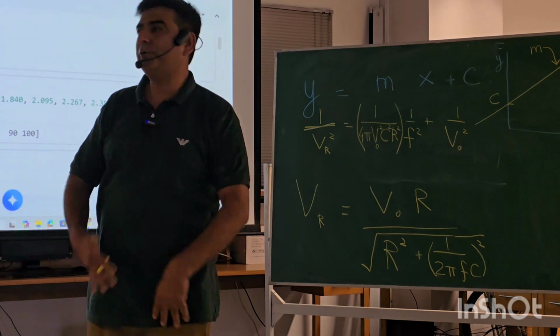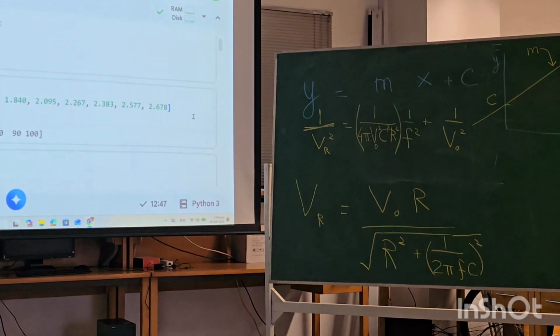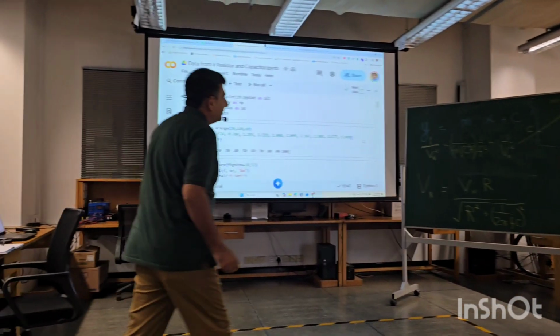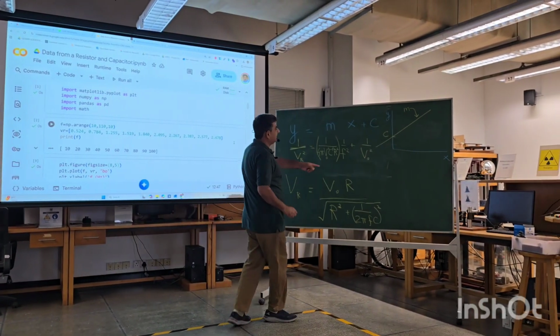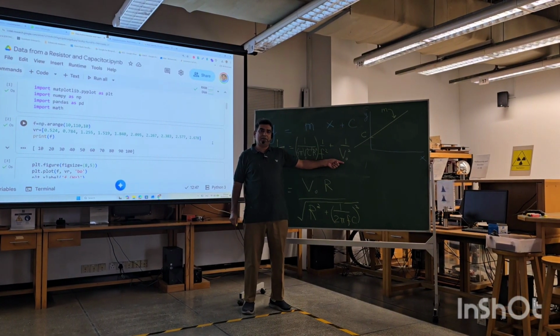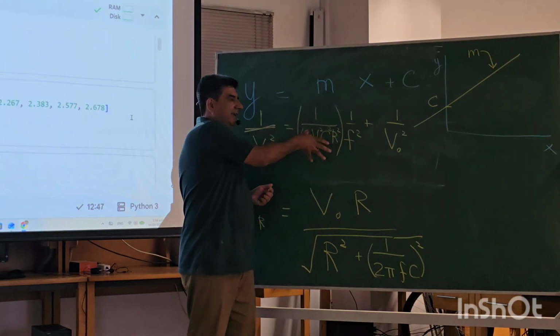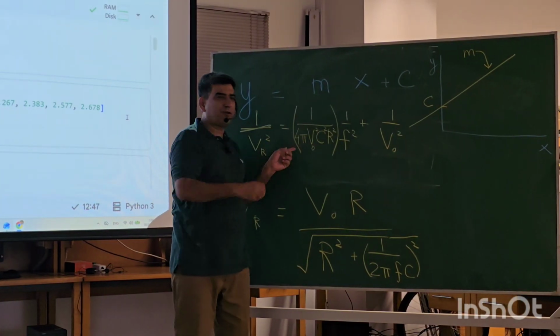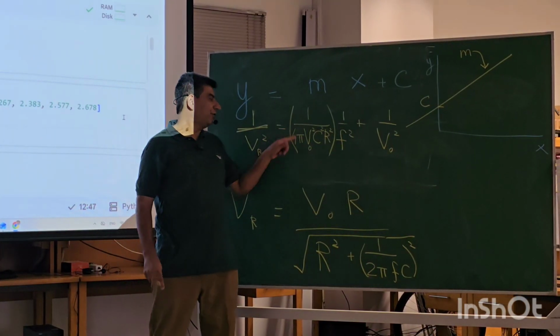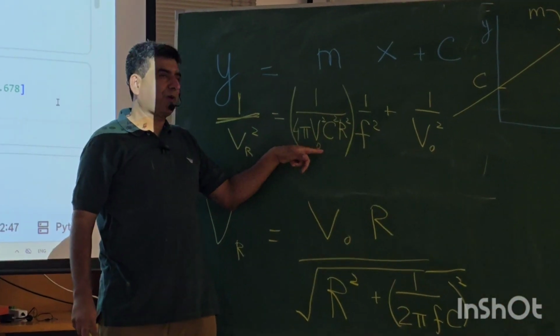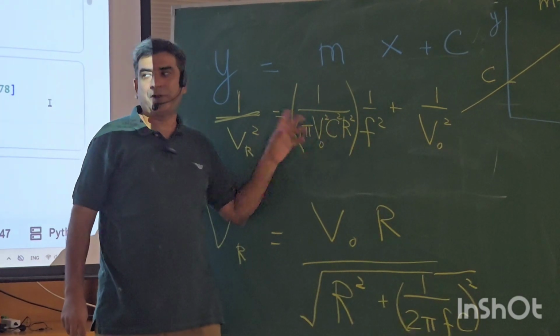You have f squared, you have 1 over f squared. The intercept is 1 over V naught squared. And the slope of this line is this collection of parameters, 4 pi V naught squared, C squared and R squared.